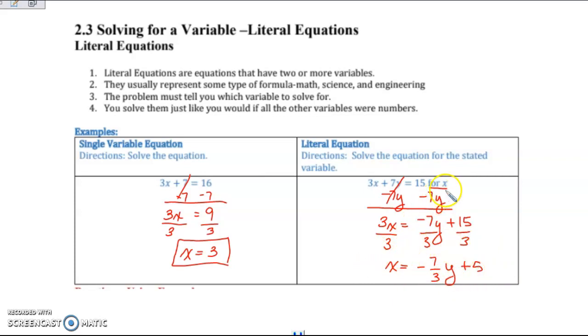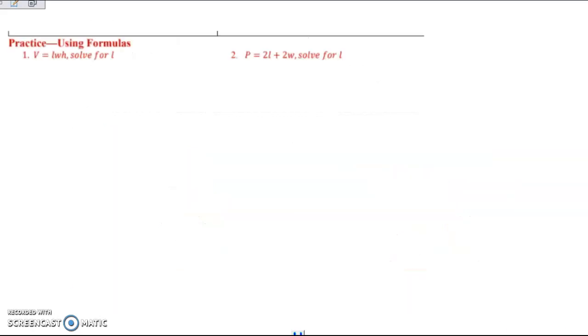You're just trying to get what you're looking for on its own on one side of the equal sign. So we have these formulas that we use when we are finding volume, this one for a rectangular prism, and they want us to solve for L. So volume equals length times width times height, and they want us to solve for the length. I need to get the length by itself.